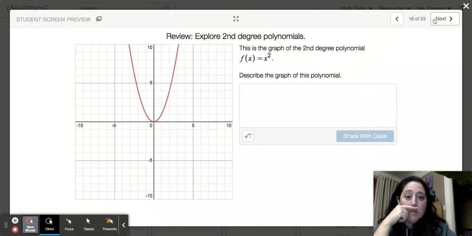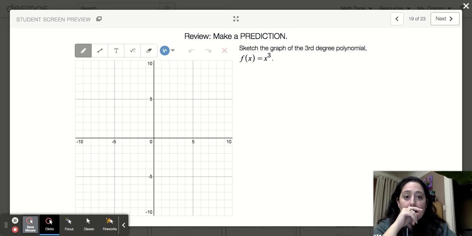I also had a question on this one, described the graph. So you should mention that it starts up, ends up. So it begins and ends in the same direction, and it's got an x-intercept of 0. We've gone through the third, right?